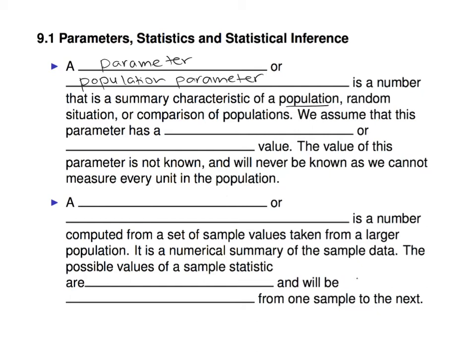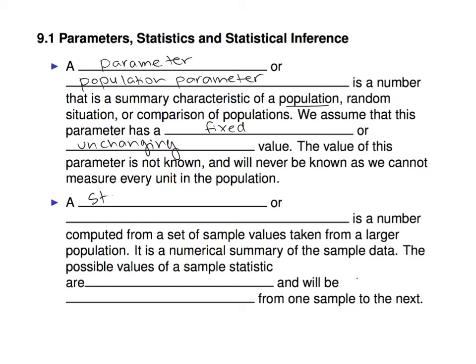So this is the true unchanging value that you can't find. We assume that this parameter has a fixed or unchanging value. The value of the parameter is not known and will never be known, as you can't measure every single unit in the population. Your goal is to estimate this parameter.